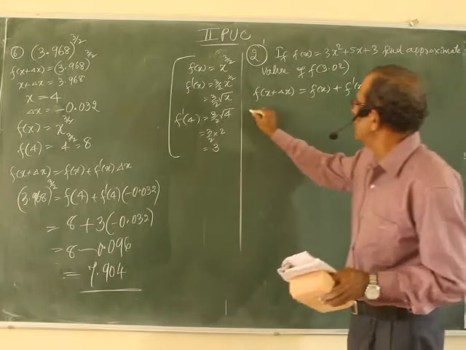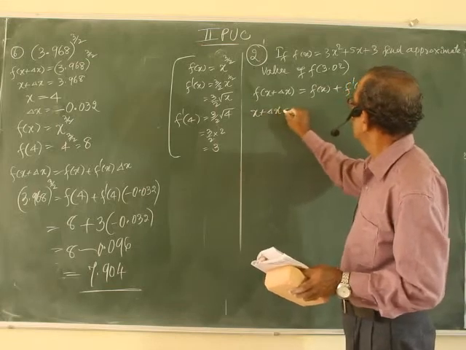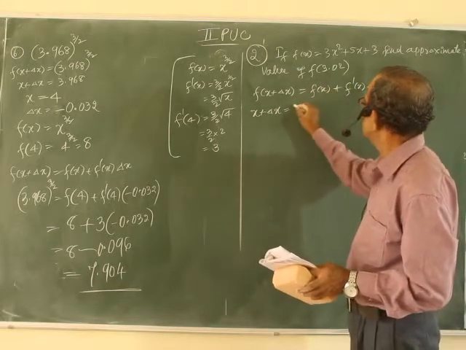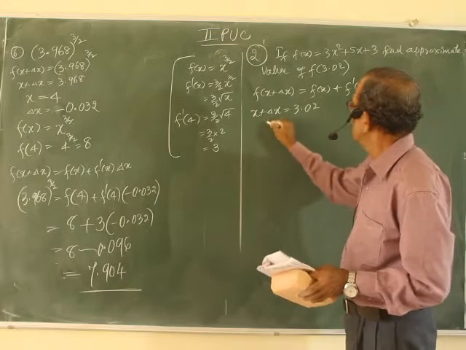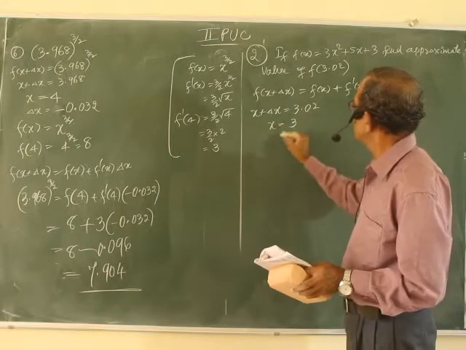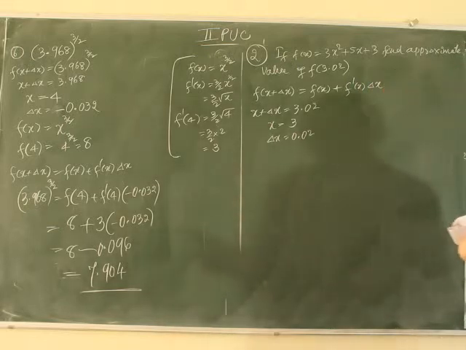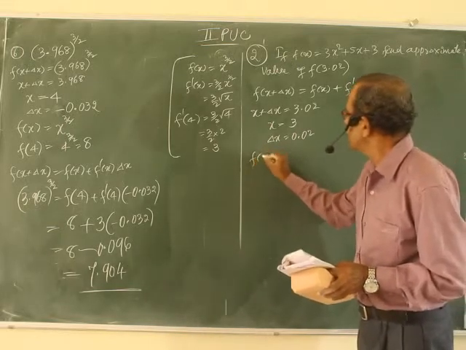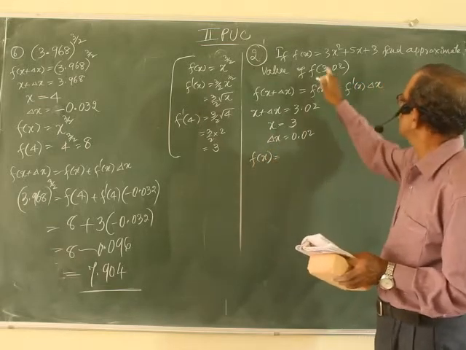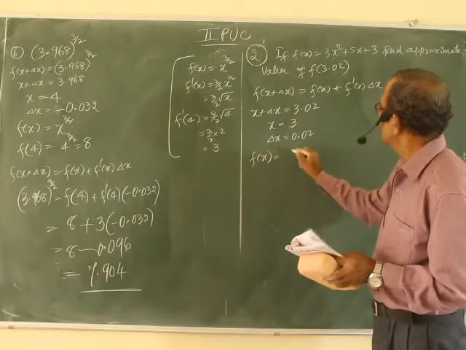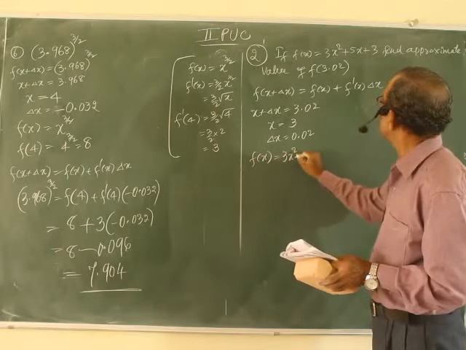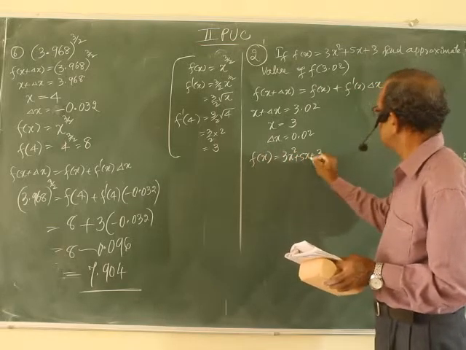Here x plus delta x is 3.02. Therefore, no doubt x is 3, delta x is 0.02. One thing is over. Next, what about f of x? F of x equal to, it is given, or if you want you can write 3x square plus 5x plus 3.